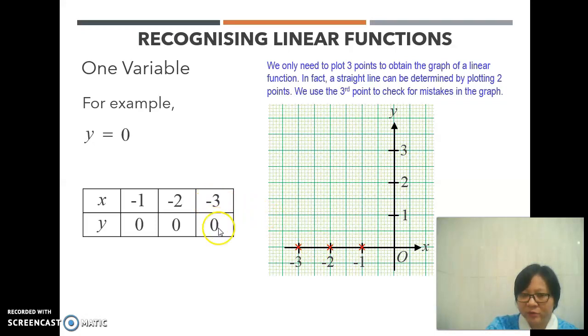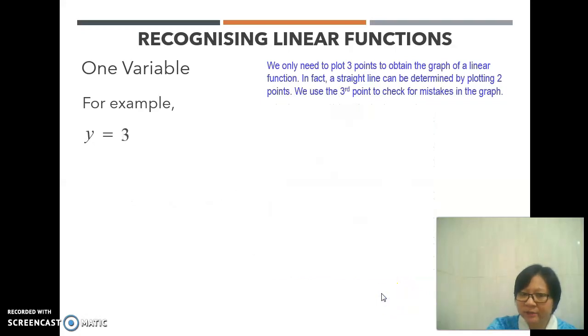Again, -3, 0, from the origin go to the left 3 steps. So the x-axis has the equation y is equal to 0. This is a horizontal line.